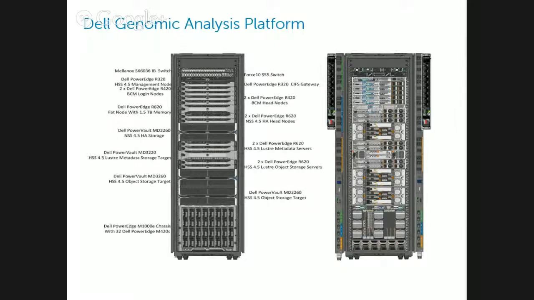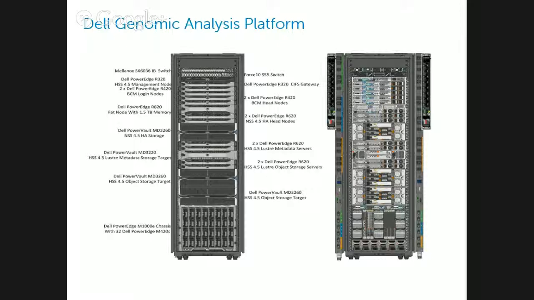And this platform happens to give us the best performance per U space, so best density. So we went with these blades that have basically 32 servers in 10U space. On top of that, we had a Lustre environment. This is the product that we collaborate with Terascala on, the Dell Terascala Lustre environments, which provides scratch space for this solution.